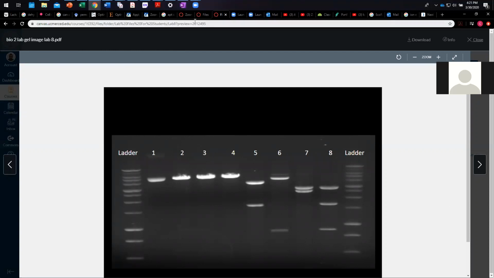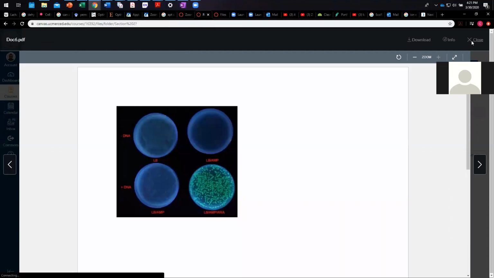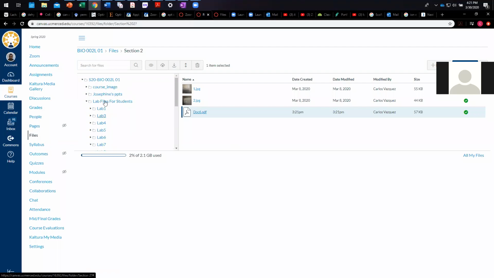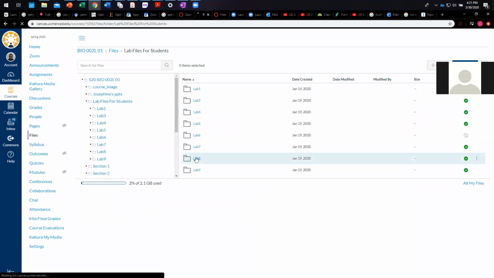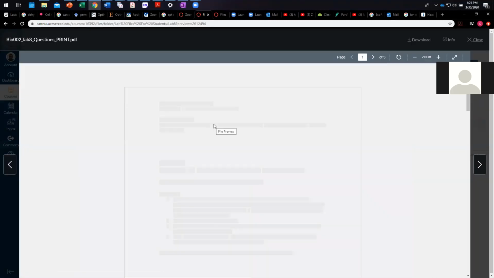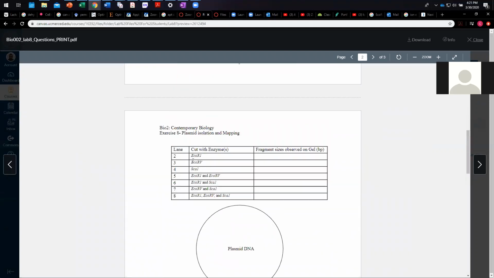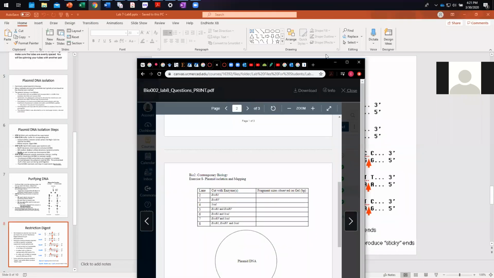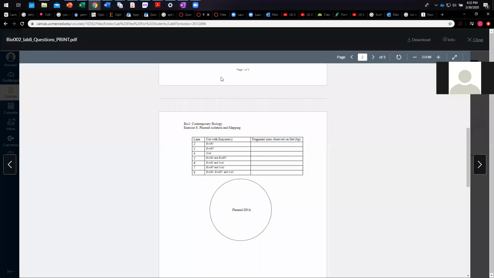I'll open up the other one too, just so I can refer to it again, and keep going back and forth. So the lab 8 questions. Lane 2 is EcoRI.